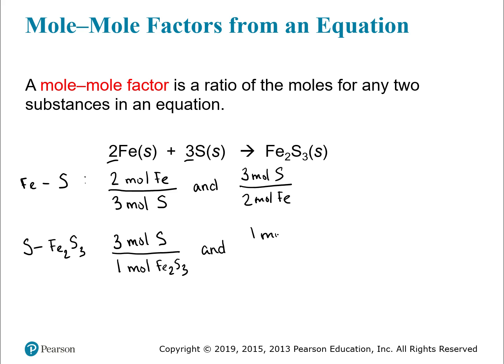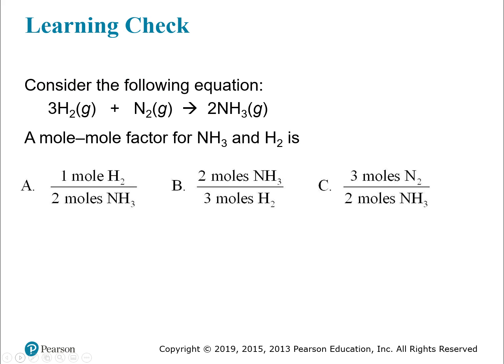The reciprocal is also true. Those are mole-mole factors. And they look like fractions, which reminds us of conversion factors. And what does that mean, class? We can do math.